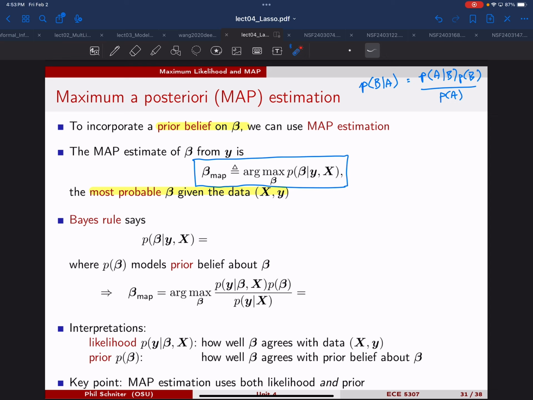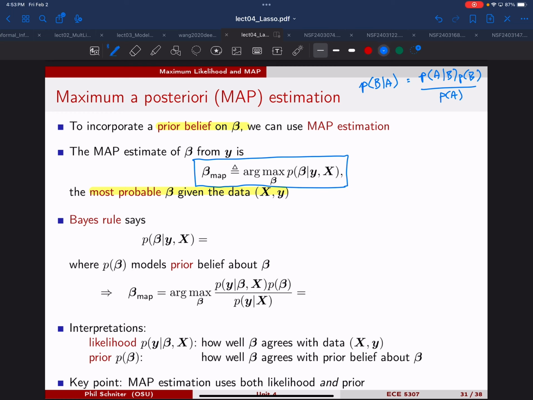Now one slight complication, maybe it's in the notation mainly, is that the two things we want to swap here are really the beta and the y. We want to swap those on the side of the conditioning. This x, we're just going to leave it on the right in all cases. It's always just going to be this condition on x. So in order to change up Bayes' rule, all we need to do is put an x on the right everywhere. So condition on x everywhere here, and then we can still write Bayes' rule.